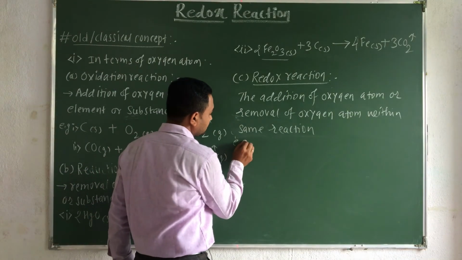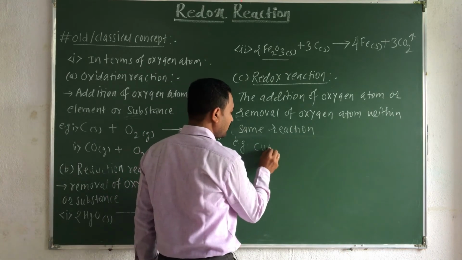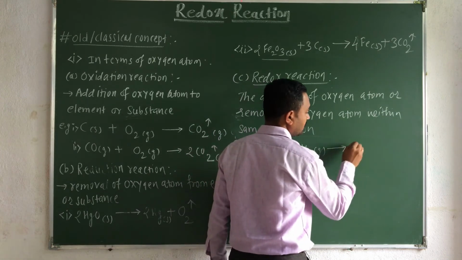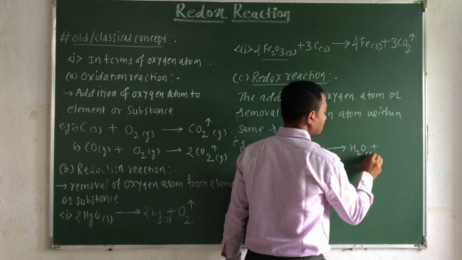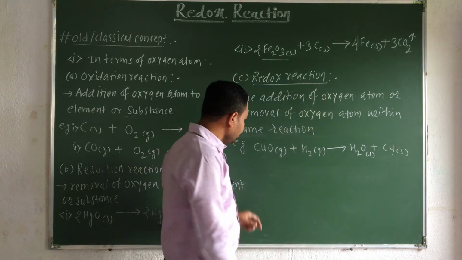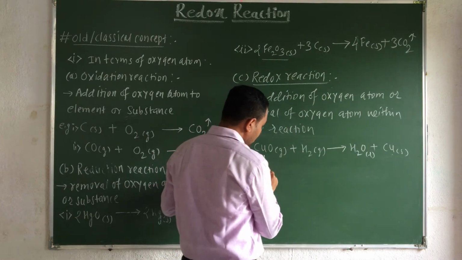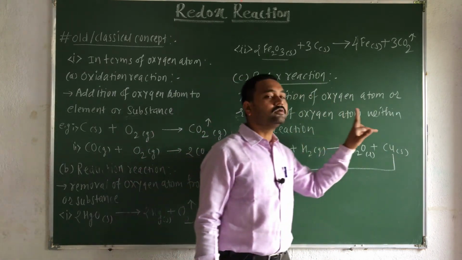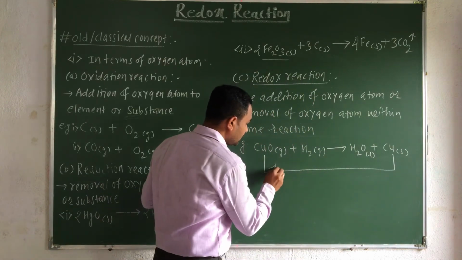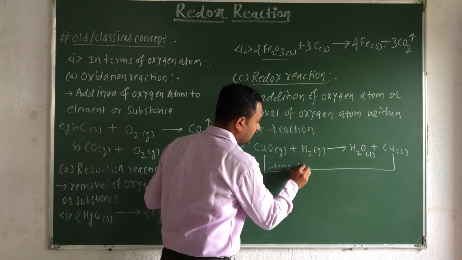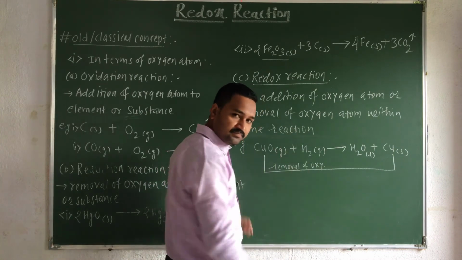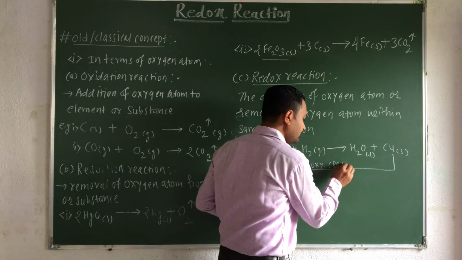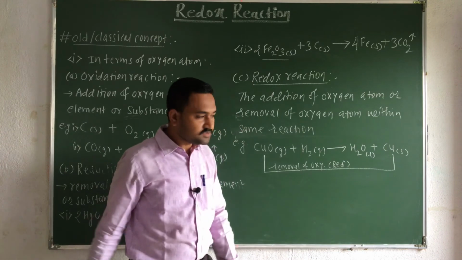The example of this redox reaction is copper oxide plus H2 gives H2O plus copper. As there is a removal of oxygen atom from the copper oxide, as copper oxide is converted to copper, this is a removal of oxygen atom. As we know, the removal of oxygen atom is nothing but the reduction process, so this is the reduction reaction in short.